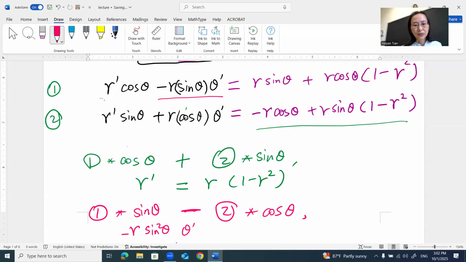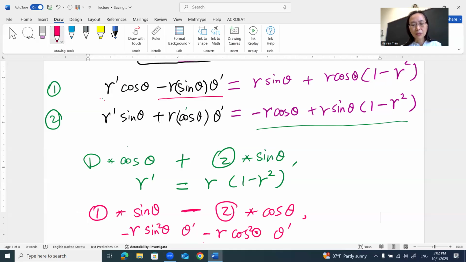And the second equation, minus r times cosine, so it will become cosine square theta times theta prime. And then we can see the left-hand side, right?